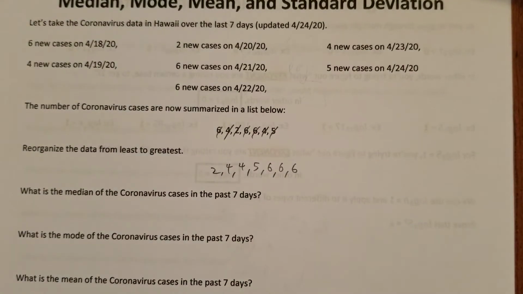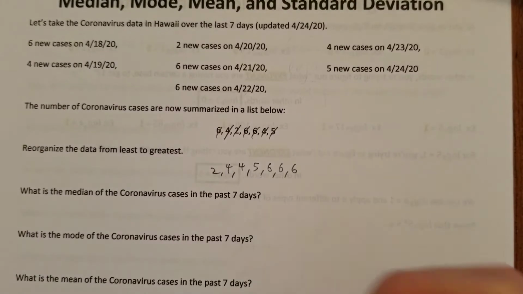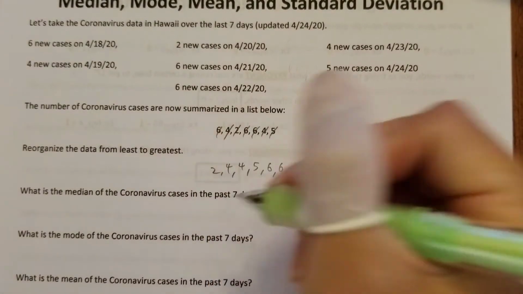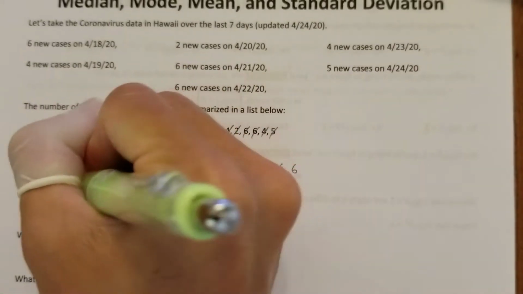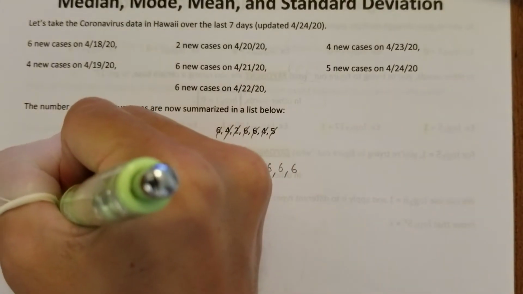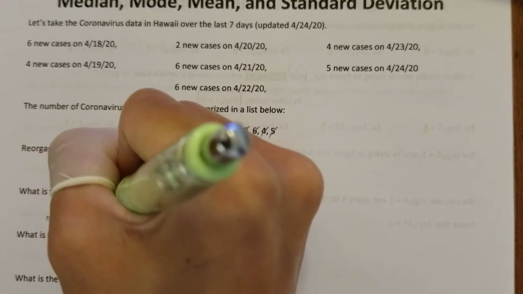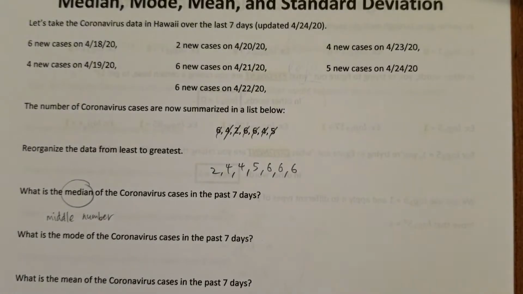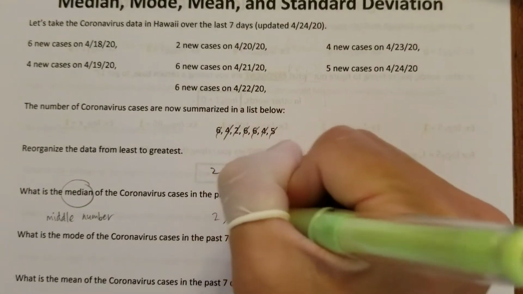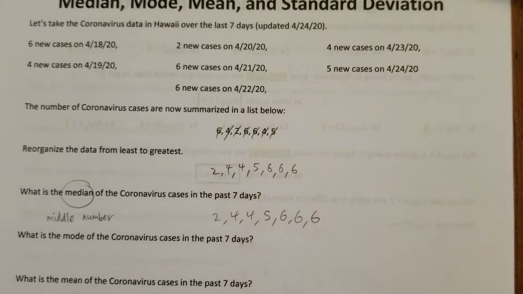Okay, what is the median of coronavirus cases in the past 7 days? All right, so if you guys forgot, the median is basically the middle number of a data set. If I write all of this out again, there are 7 numbers here.